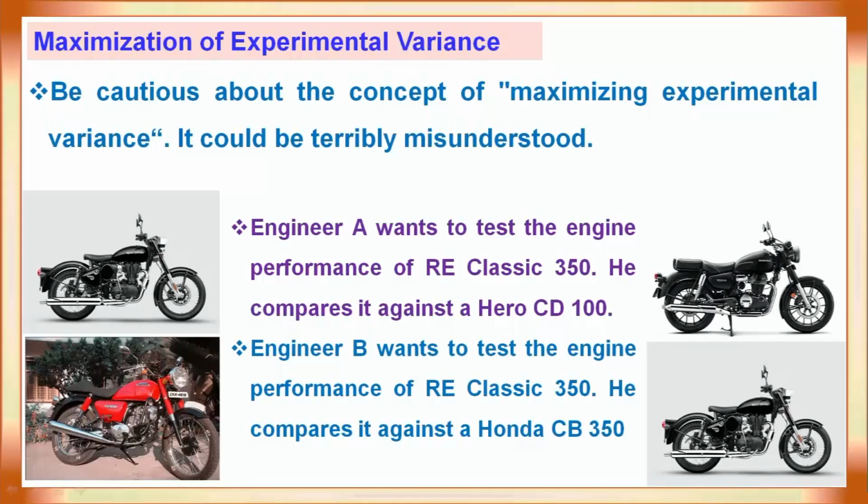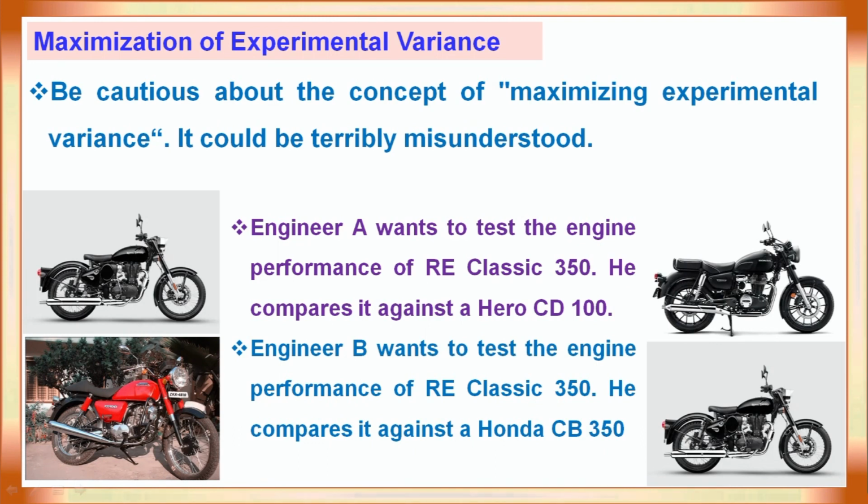Like, take a particular engineer. What does he want? He wants to compare the engine performance of two bikes. Maybe you want to compare the engine performance of the Royal Enfield Classic 350.